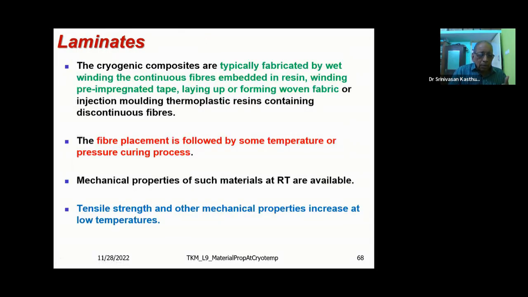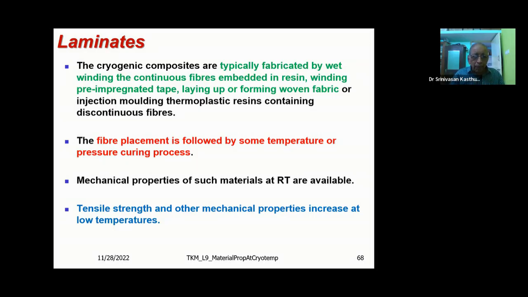Now laminates. What are laminates? Laminates are already pre-prepared epoxy composites. The cryogenic composites are typically fabricated by wet winding of continuous fiber embedded in resin. Keep on winding.